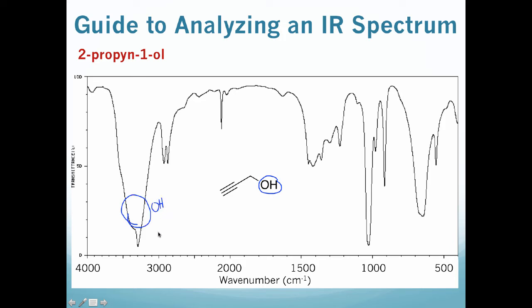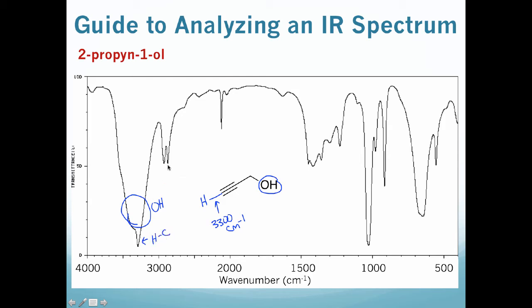That's the OH stretch, right around 3400. Now, because we have a terminal alkyne, we should also see this alkyne carbon-hydrogen stretch here at about 3300. Now, it's sort of buried within this alcohol, but we can see this extra sharp peak coming out of the alcohol peak, and that is that alkyne CH.